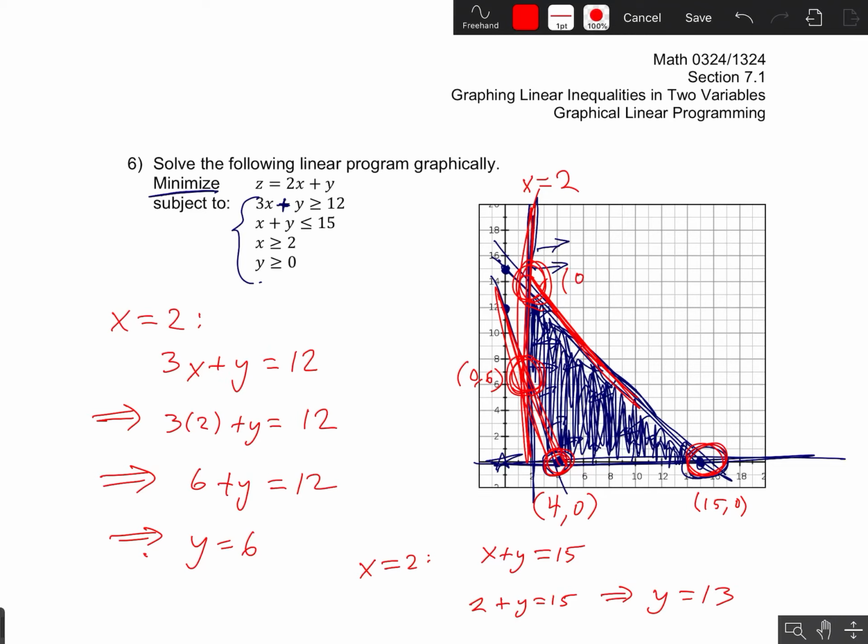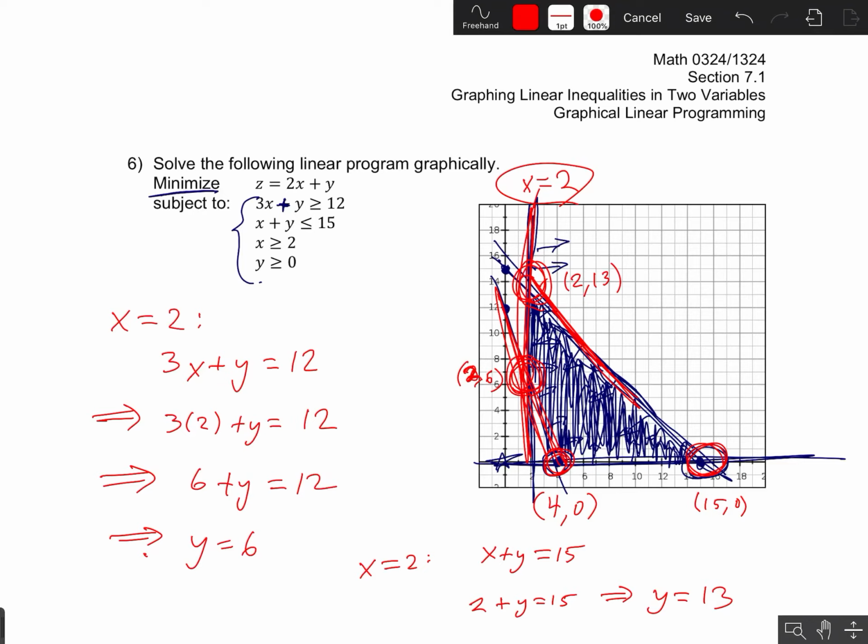Sorry, the x-coordinate here was not 0, it was 2. So this corner point happens at 2, 6, because remember our x-coordinate here is 2, and similarly this one happens at 2, 13. And now we've identified our 4 corner points.